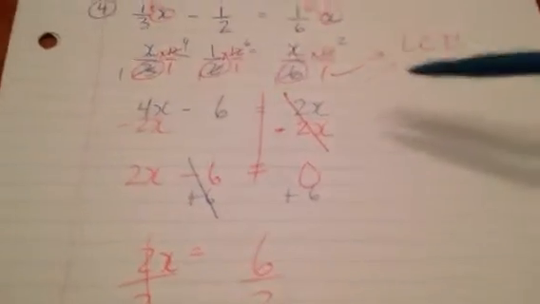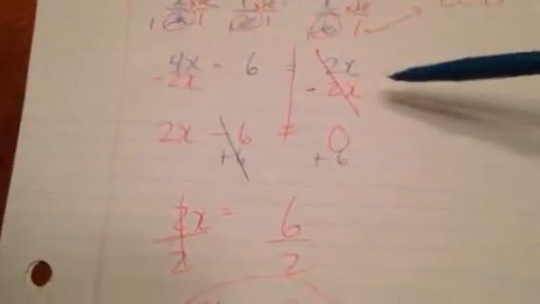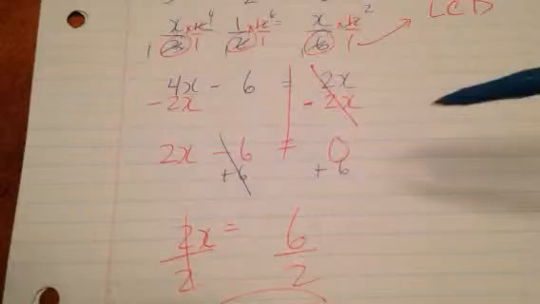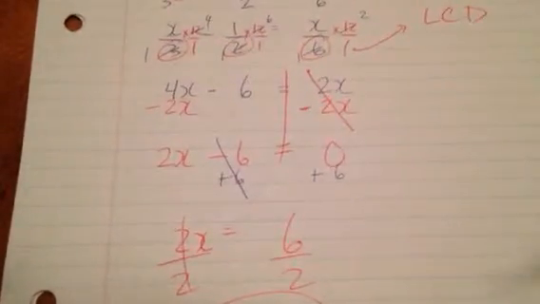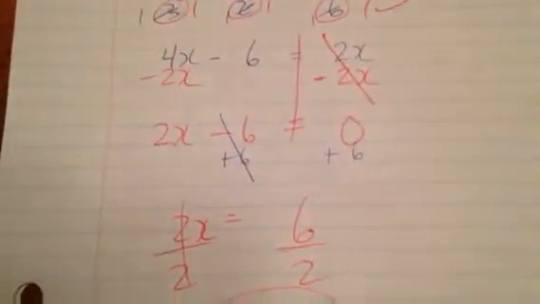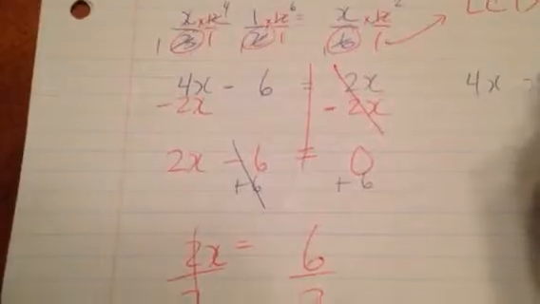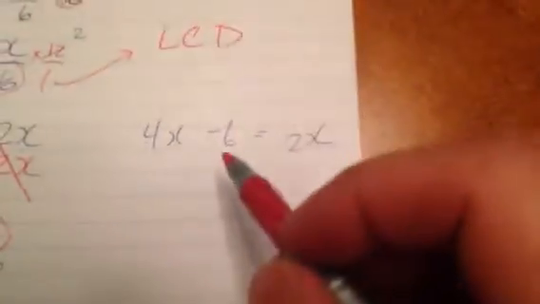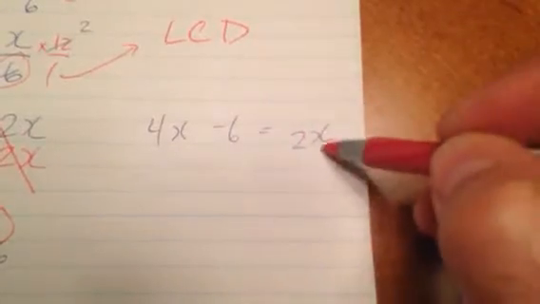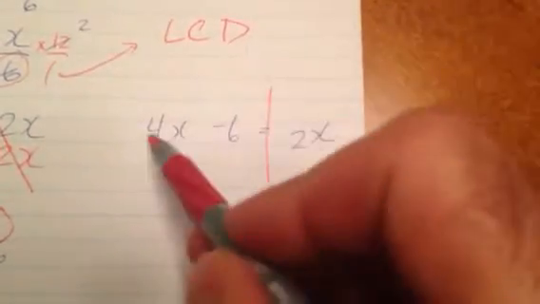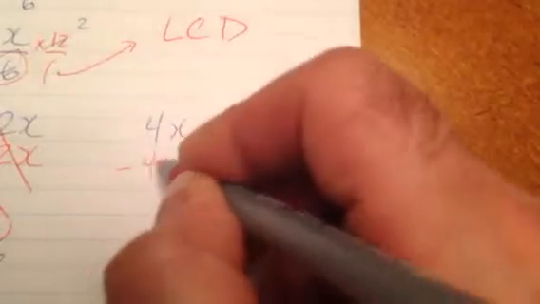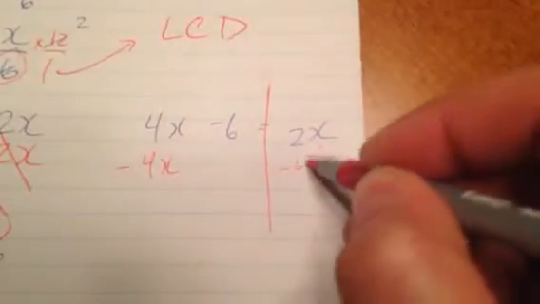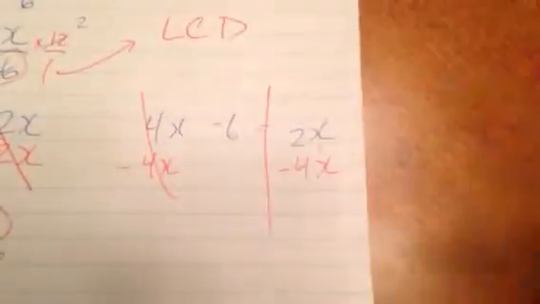Now, just to show you, there's actually another way to do this one, because it really doesn't matter if you want x's on the left. You can have x's on the right too, as long as the x's are on one side and the numbers are on the other side. So right here, when I had 4x minus 6 equals 2x, something else I could have done is keep the x's on the right side. Let's get rid of the 4x. So minus 4x. Whatever I do to one, I do to the other, right? So cross that out.